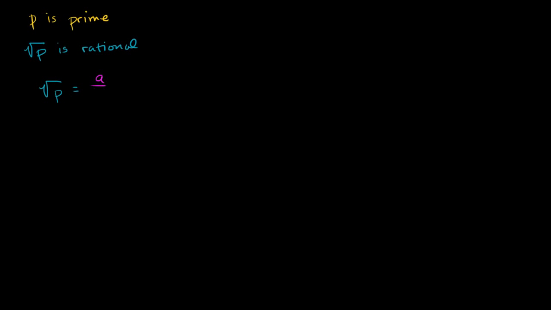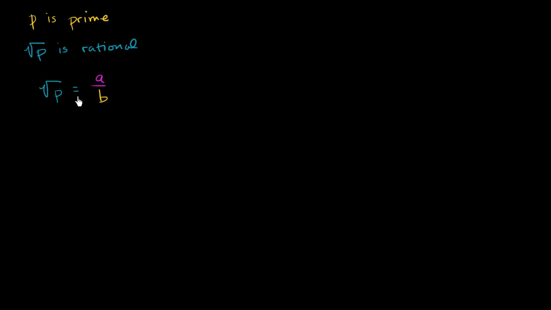So I'm assuming that this fraction that I'm writing right over here, a over b, is an irreducible fraction. You say, well, how can I do that? Well, this being rational says I can represent square root of p as some ratio of two integers. And if I can represent anything as a ratio of two integers, I can keep dividing both the numerator and the denominator by the common factors until I eventually get to an irreducible fraction.